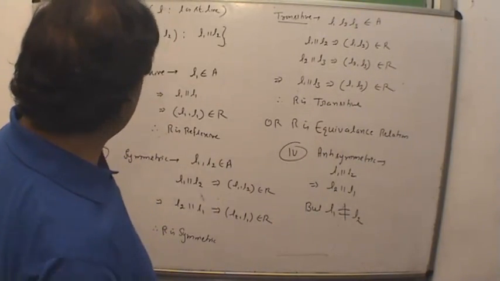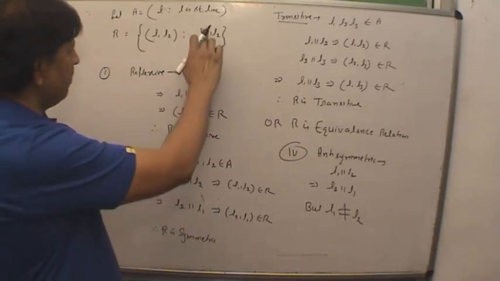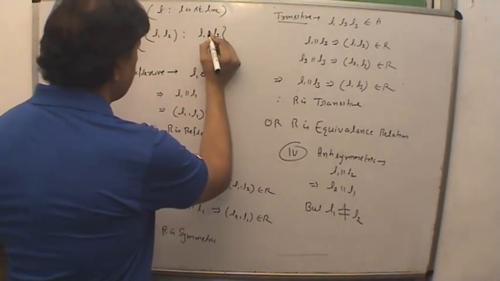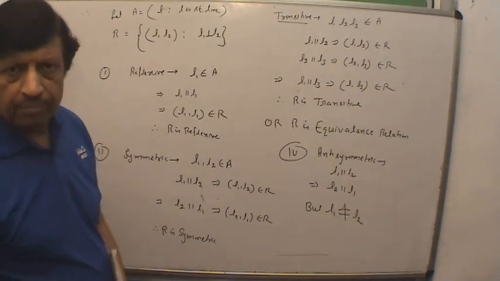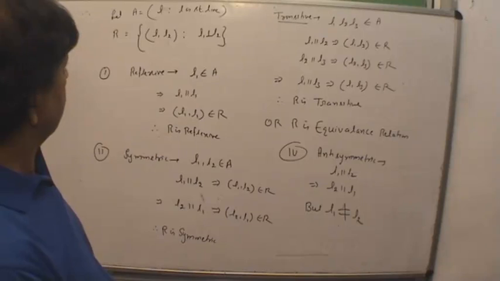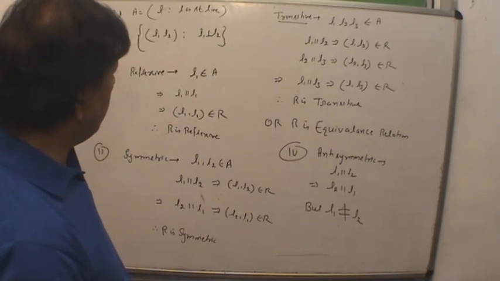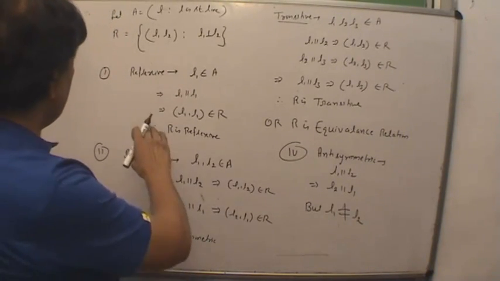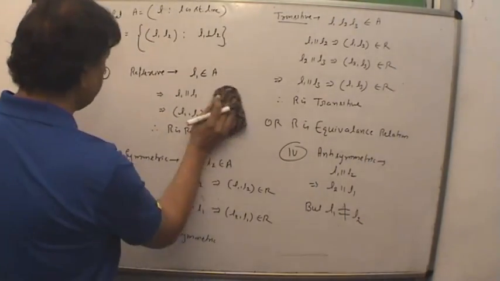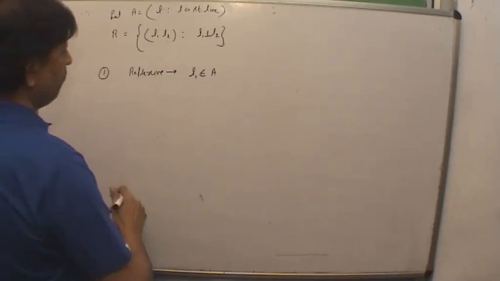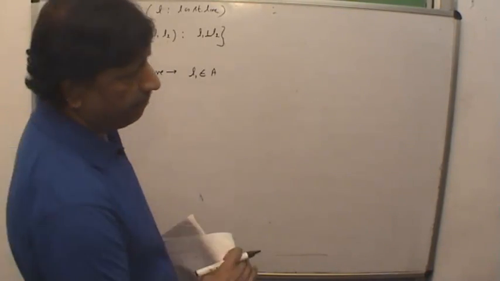Similarly, if we consider the same problem by taking the relation perpendicular, then again we proceed. Reflexive. For reflexive, we consider a single line.